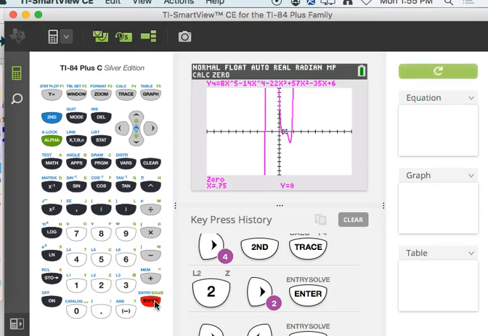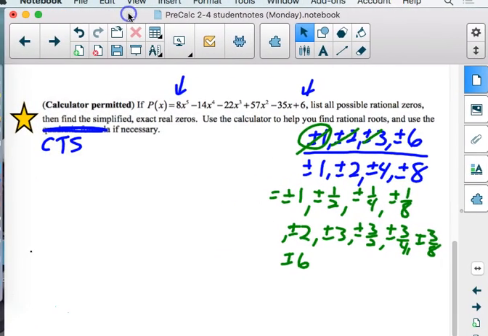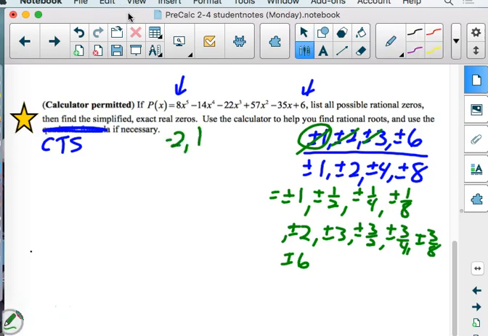One of them is something nasty, which tells us it has a radical in it. Well, radicals always come in pairs. So we can use the -2, the 3/4, and we can use the 1, and we can whittle this down to something that will be a quadratic, and then we can solve it from there. So -2, 1, and 3/4 appeared to be the nice ones from the calculator.